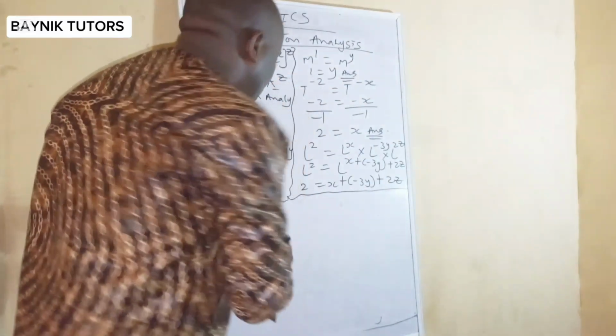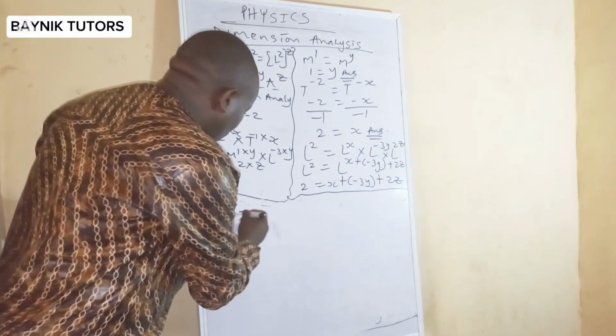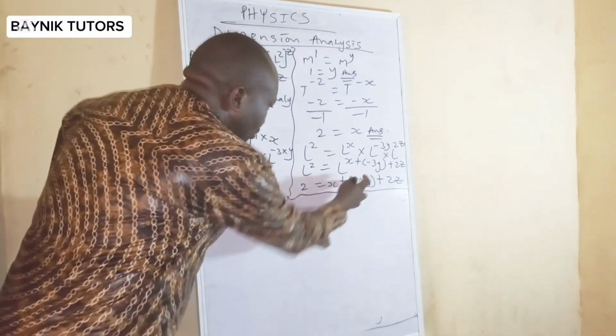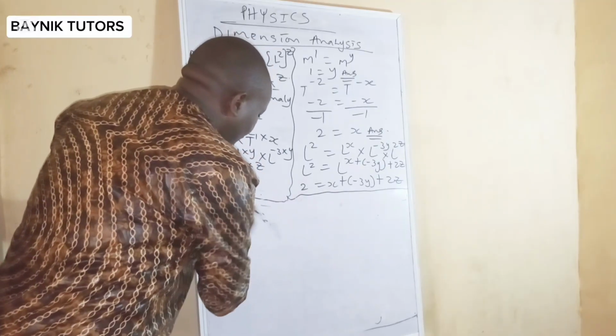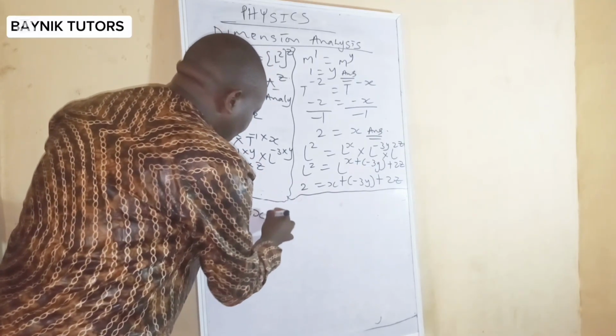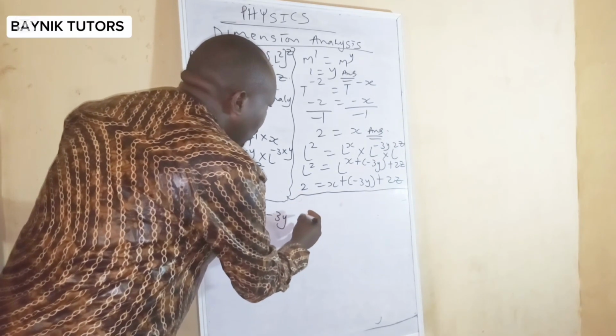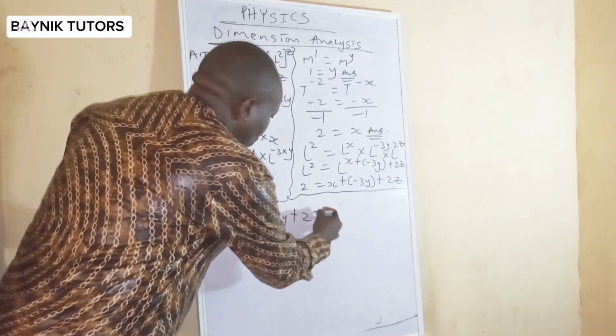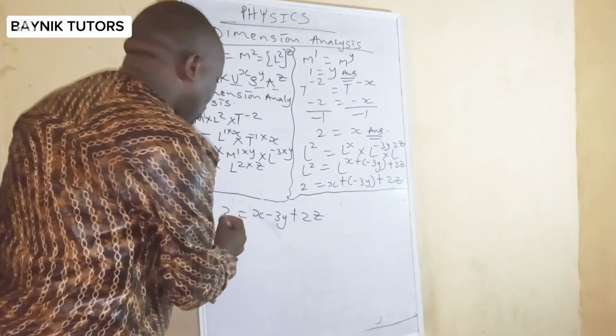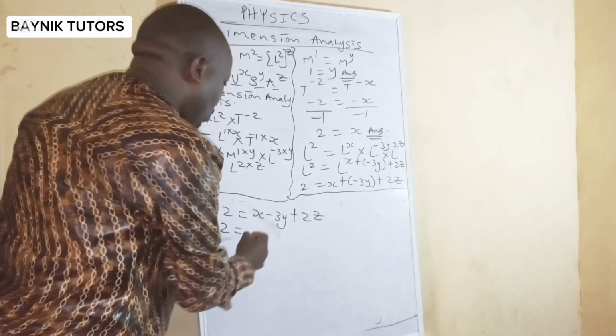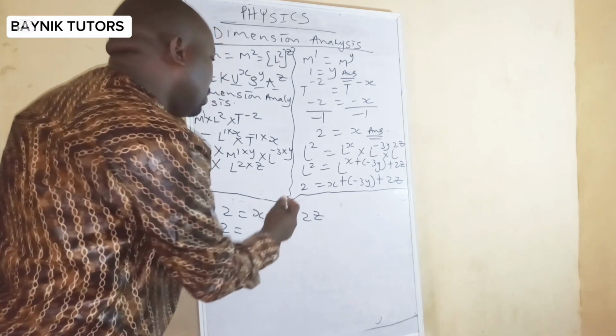So from here now, I have my 2, which is equal to x minus 3y plus 2z.